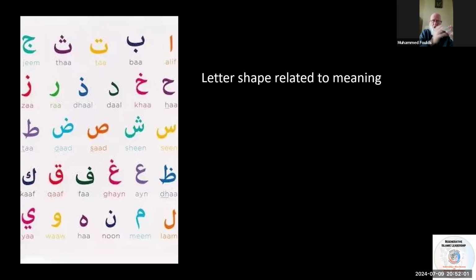So when you say Jim, Ha, and Kha, it's connecting you to something to do with gathering, life, and creation. And all have their own particular shape. And shape is also important with the Nazm of the Quran. And shape, again, is important when we are connecting to the natural world, in our patterns, in our relationships, understanding ecosystems, beginning to think like ecosystems.